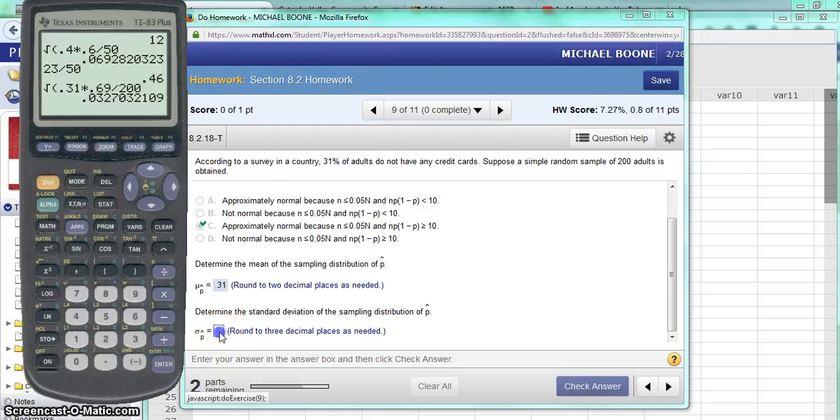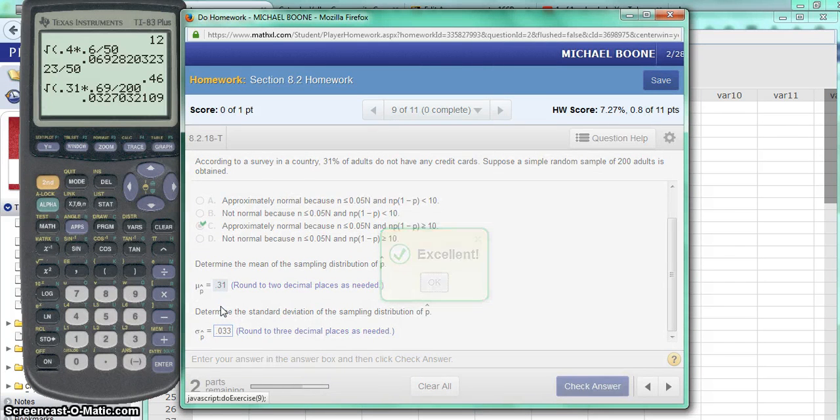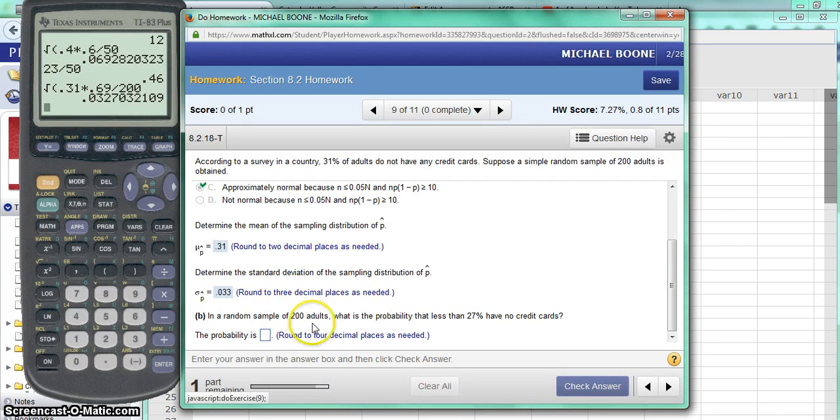To 3 decimal places, that is 0.033. And now, what is the probability that less than 27% have no credit cards? So this is my p hat. I know what my mean is, 0.31. I type that into my normal calculator. There's my standard deviation of p hat. And I'm going to put less than 0.27.